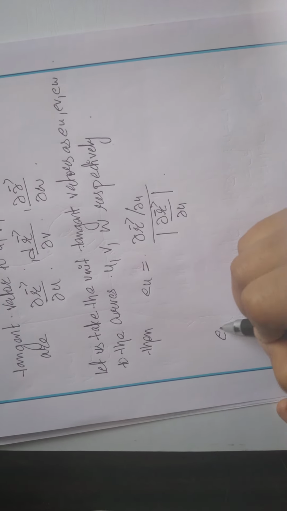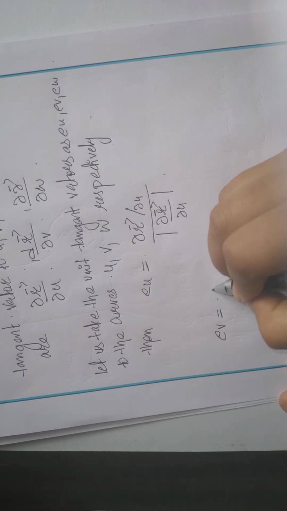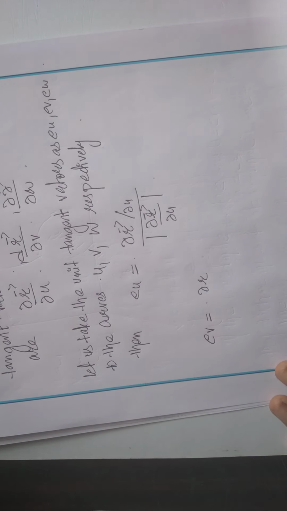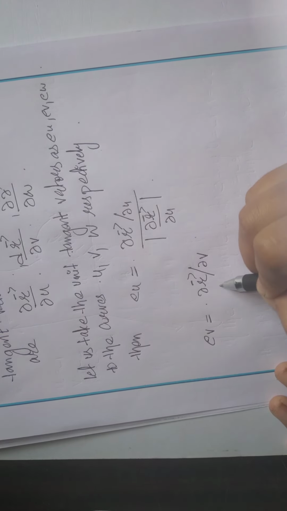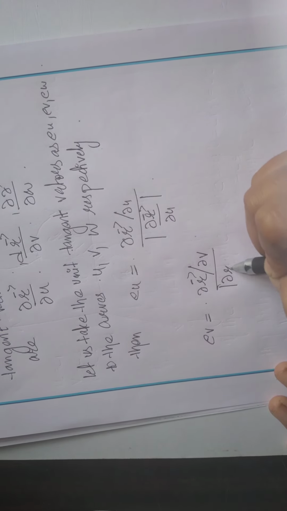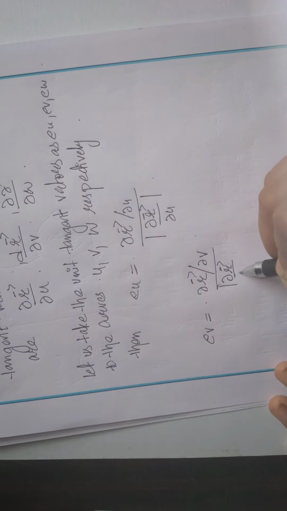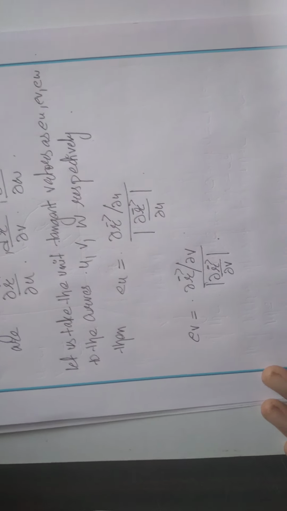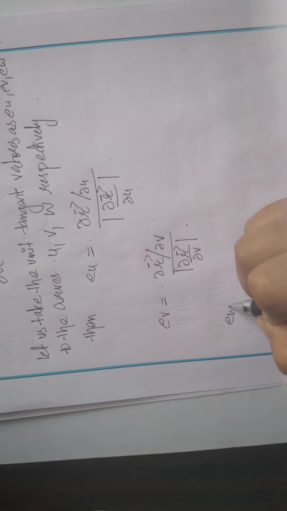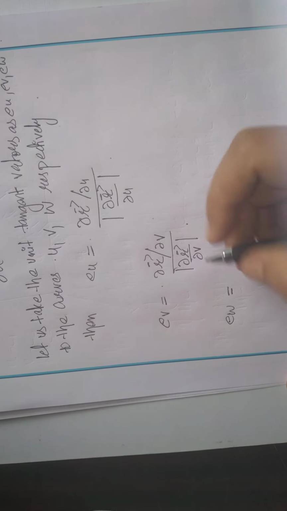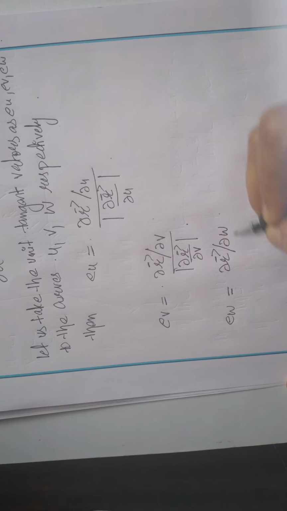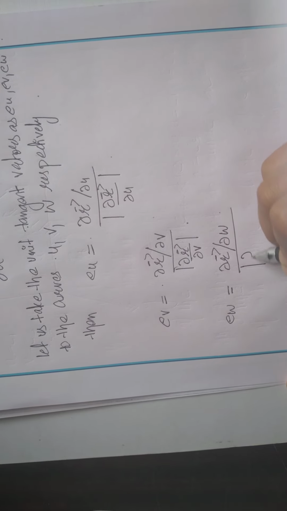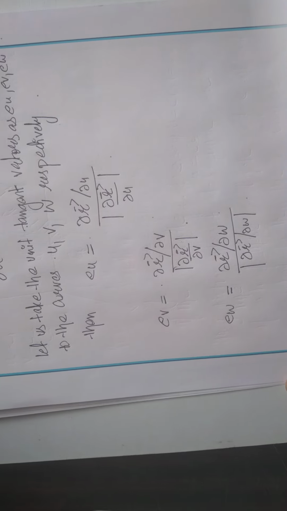Similarly, EV equals del r vector by del v divided by mod of del r vector by del v, and EW equals del r vector by del w divided by mod of del r vector by del w.